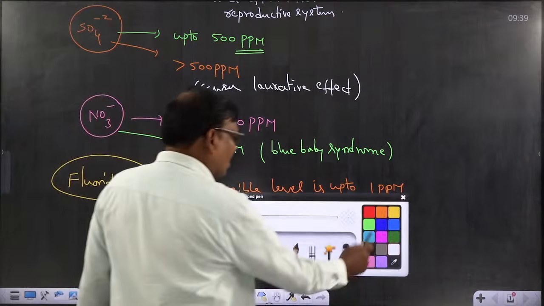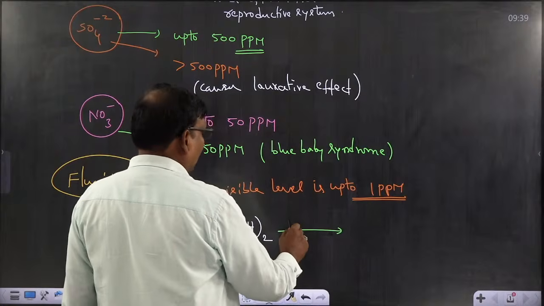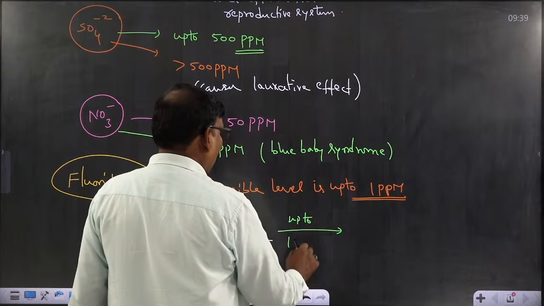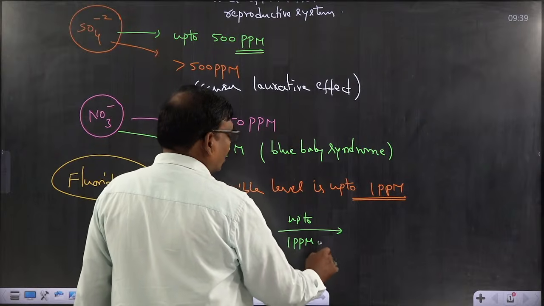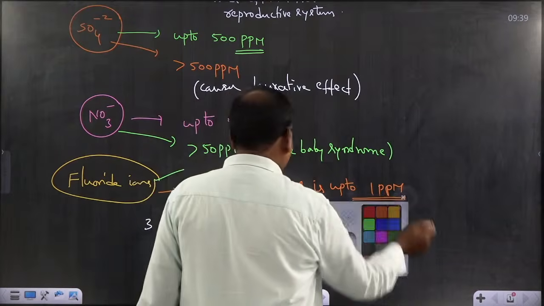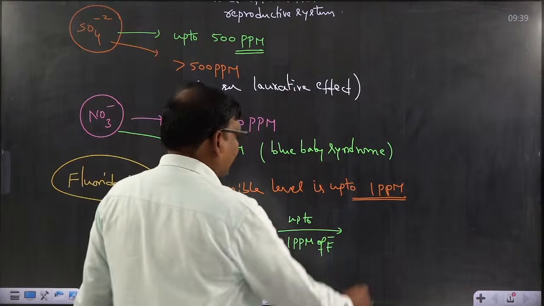Up to 1 ppm of F minus converts the hydroxyapatite into fluorapatite.